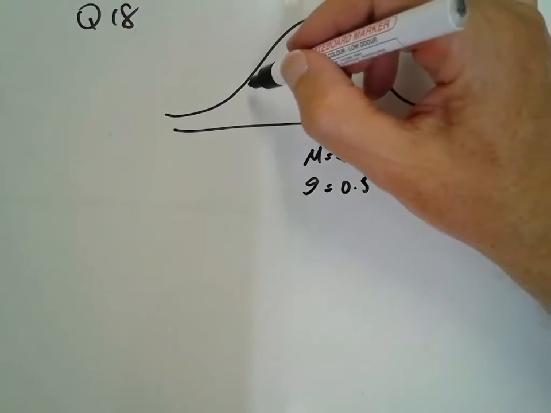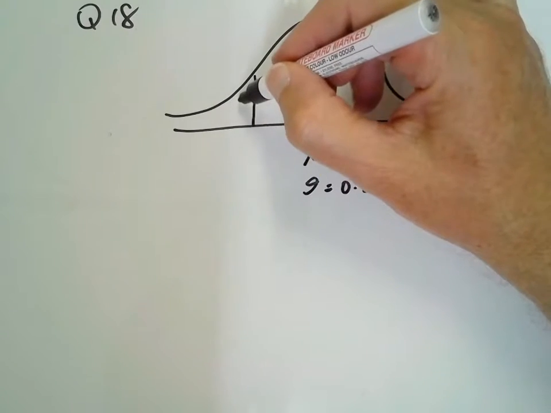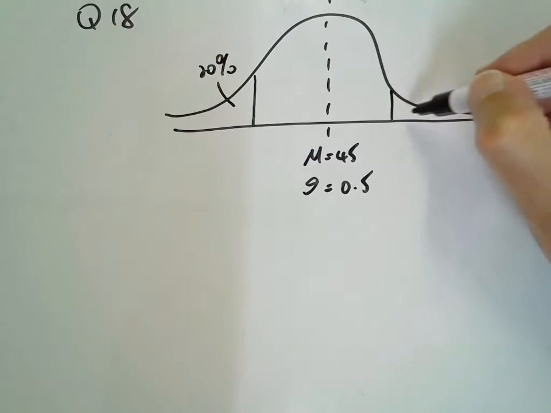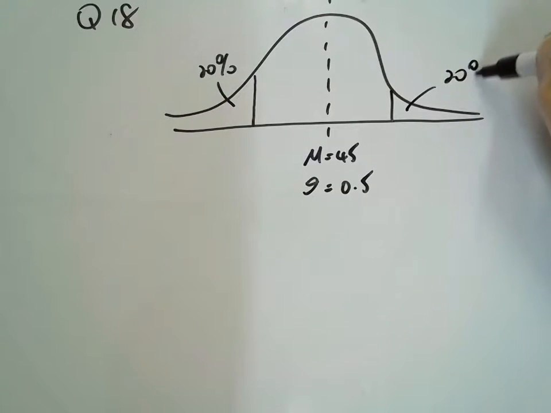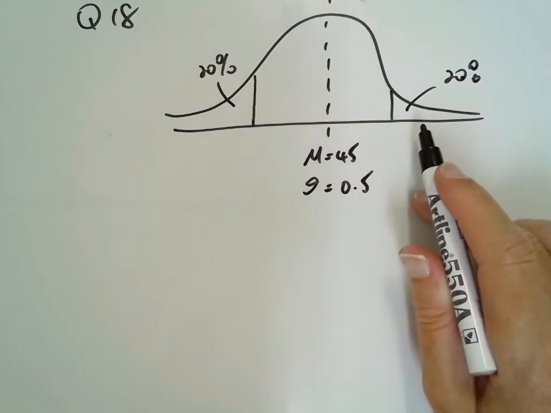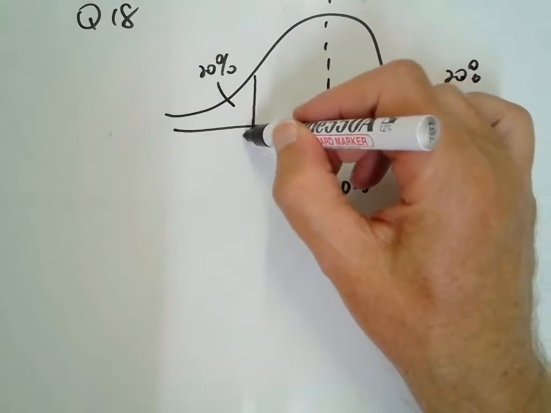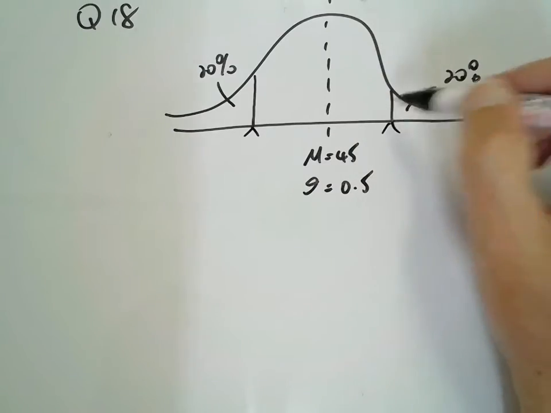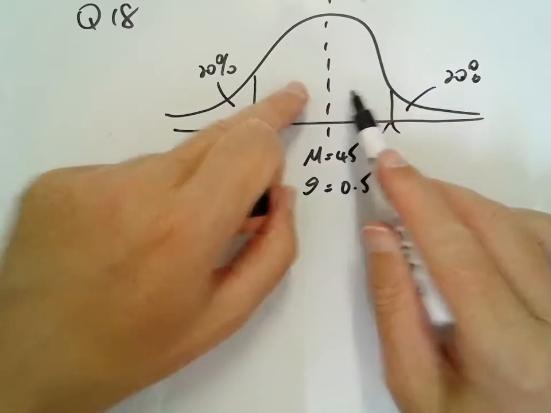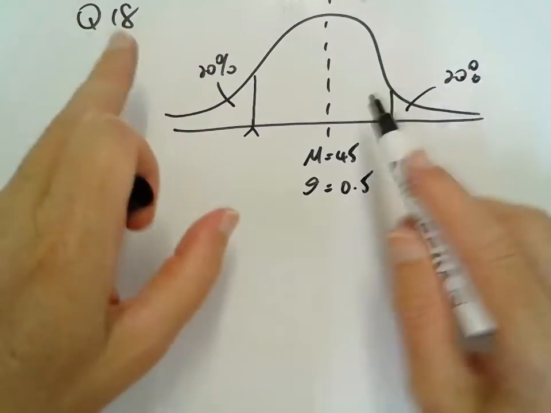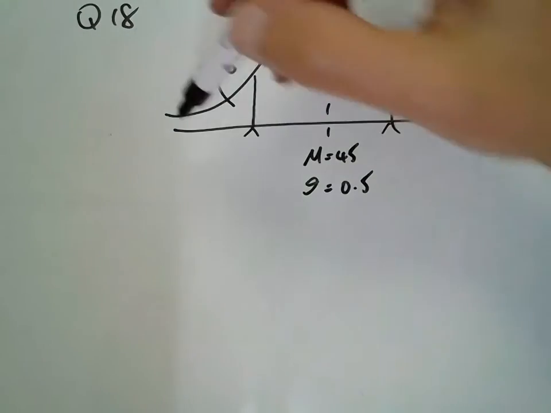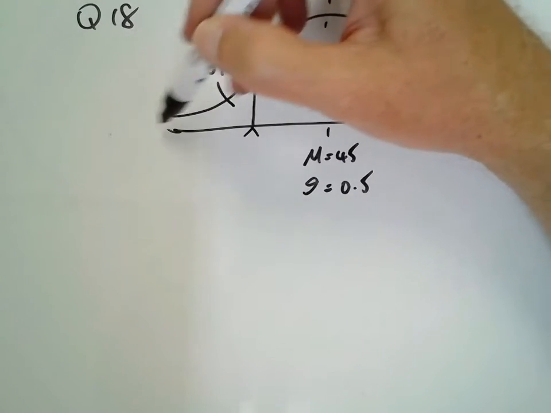And we are told that the bottom 20% and the top 20%, so these are too long and these are too short, so they actually throw them out. And we want to find what is that length. What is the length that gets shipped into stores and what length gets chucked, either the top end or the bottom end.